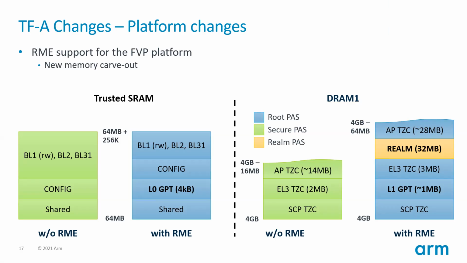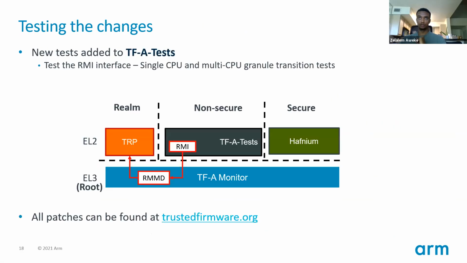Okay. Right. So we also have TFA tests. We have some tests that test granule transitions: a single CPU and a multi-CPU granule transition test in TFA tests. So we use this setup to do the test.